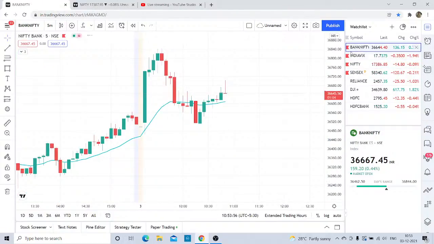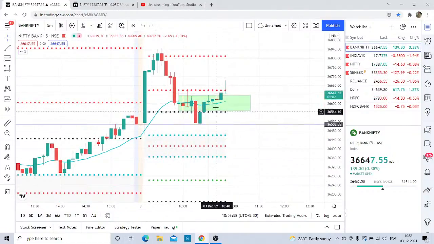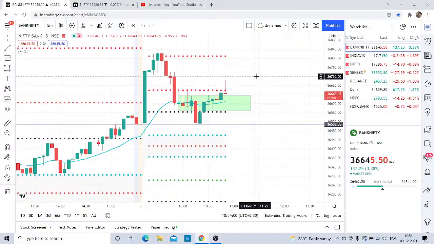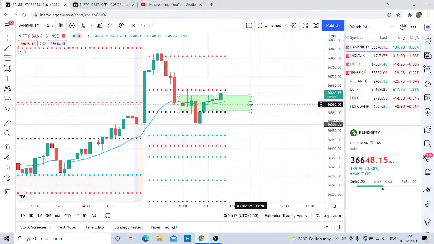If you see Bank Nifty, some resistance is coming from here. Bank Nifty will definitely hit this.